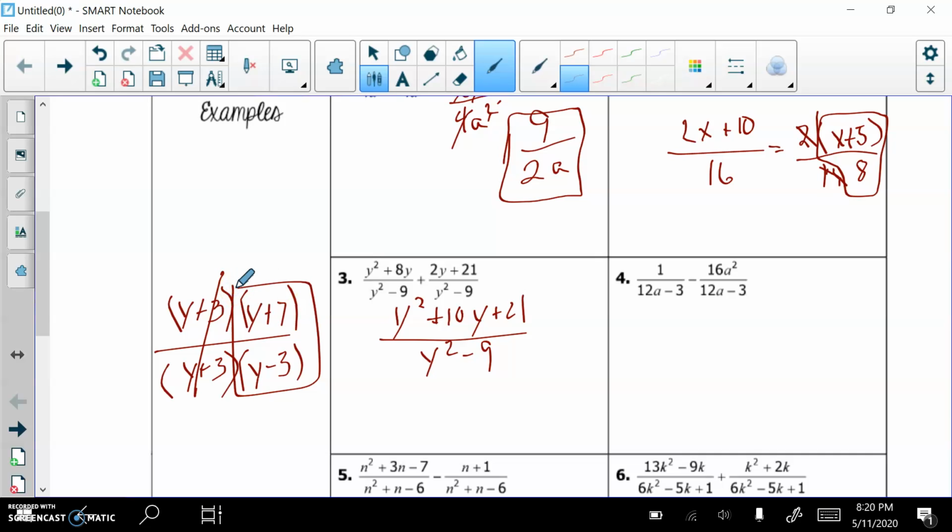Continuing. Oh yes, we're going to be using that trick from the last lesson here too. Once I combine this, 1 minus 16a squared over, let's take a 3 out of that right now, 3 parentheses 4a minus 1.